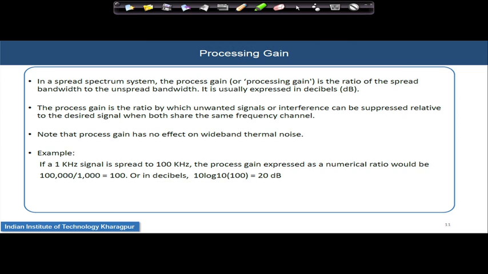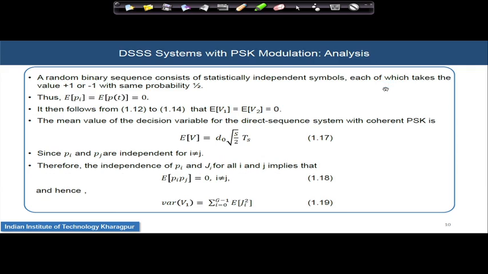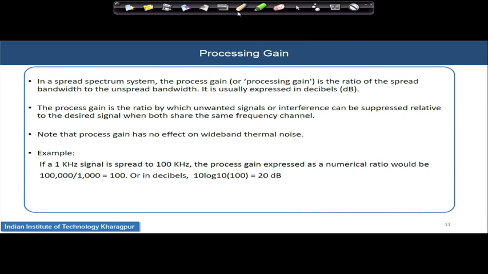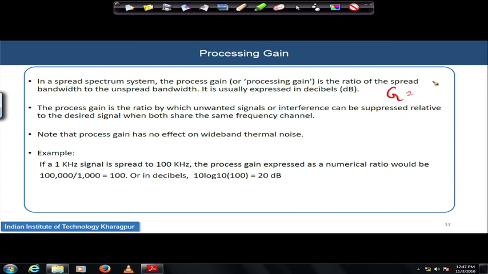Before ending this talk, we would like to highlight and reframe our understanding of the processing gain that we are continuously talking about in the direct sequence spread spectrum system. Remember that this processing gain was defined as the ratio of the transmitted symbol duration to the chip duration, which is also given by the spread signal bandwidth W divided by the original signal bandwidth B, where W was 1 by the chip duration and the signal bandwidth was 1 by the symbol duration.